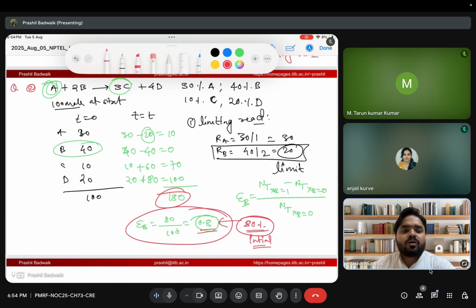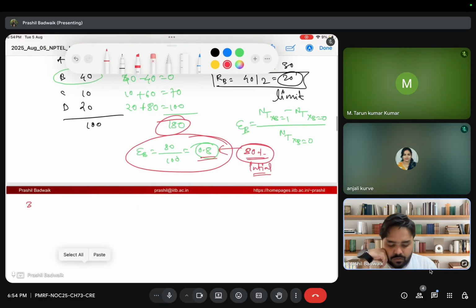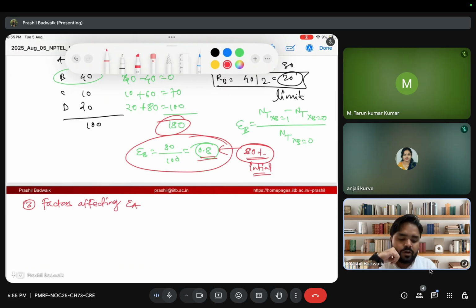So now from this reaction, what did you observe? Question number 3 on your screen. What are the factors that affect the epsilon A value?